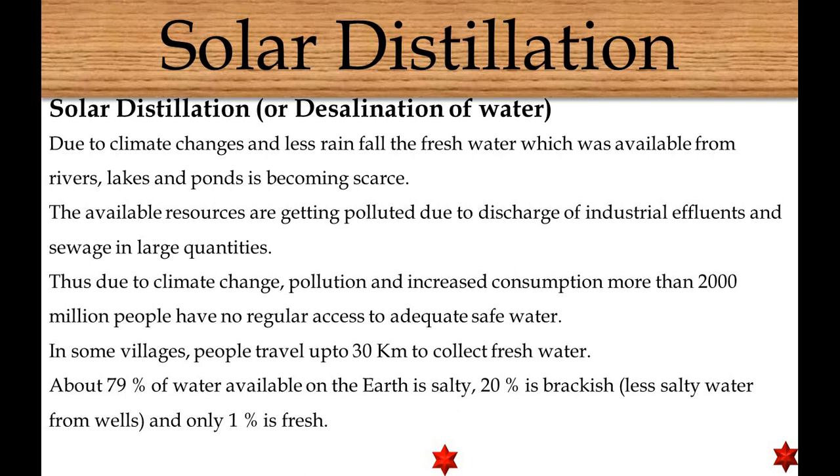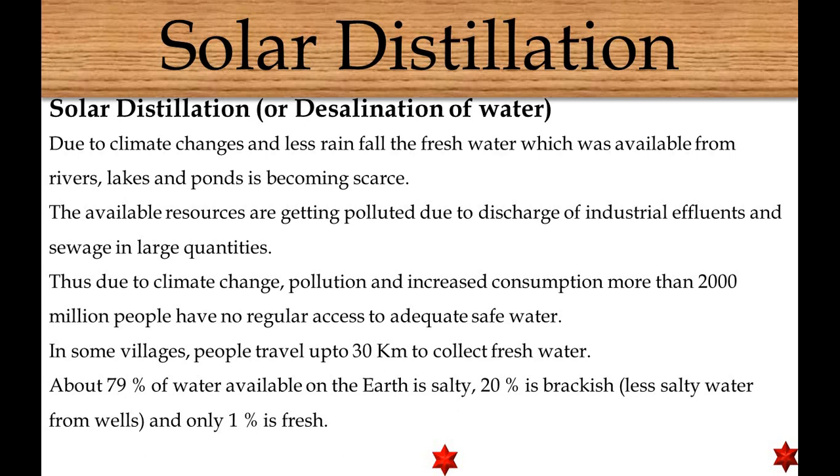Thus, due to climate change, the pollution and increased consumption, more than 2,000 million people have no regular access to adequate safe water. In some villages, people travel up to 30 km to collect fresh water.